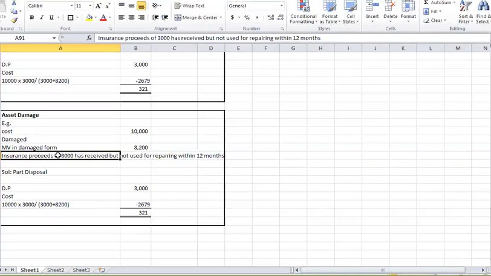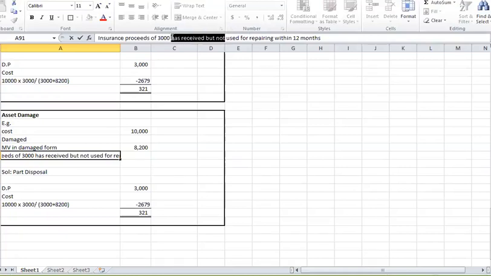Insurance proceeds of £3,000 have been received, of which, say, £2,300 was used for repair within 12 months.